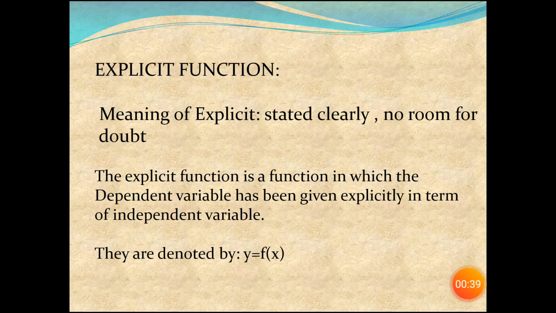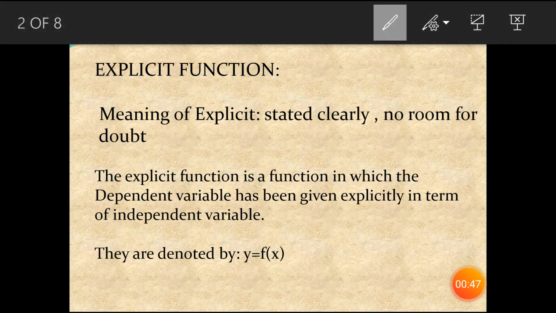There are two sorts of functions that we are going to discuss in this video, that is explicit function and implicit function. So for explicit function, first of all let's talk about the literal meaning of the word explicit. What is the meaning of explicit?